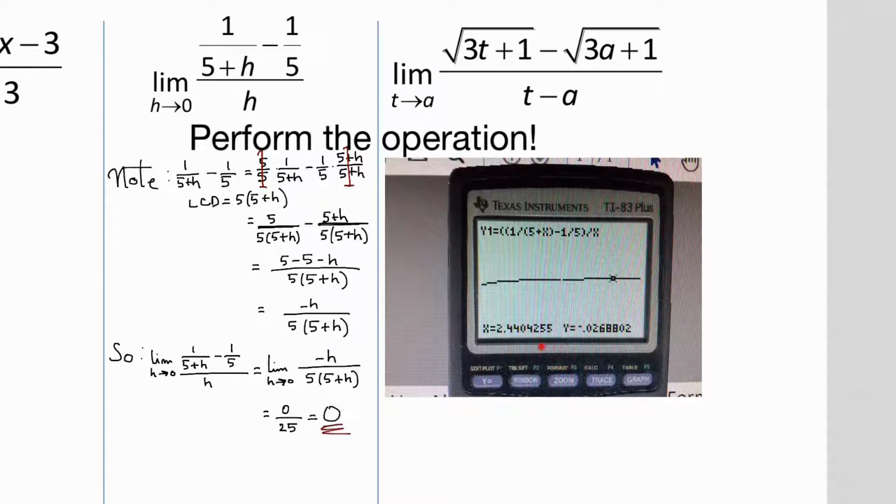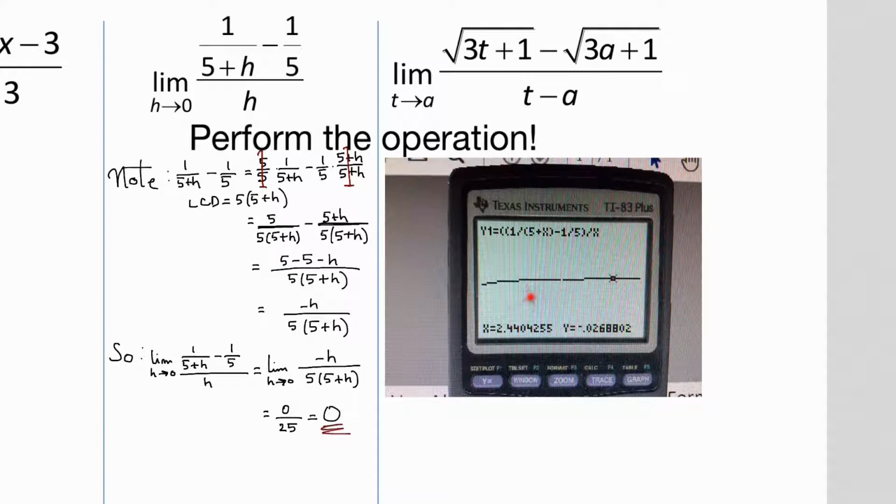So this is a special window. It's a version of the zoom decimal, and the zoom decimal is a good window to use because of the 0 pixel. I turned the axis off so you could see it. This gap right here, that's when x is equal to 0.